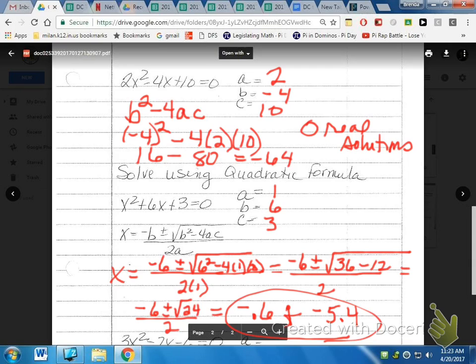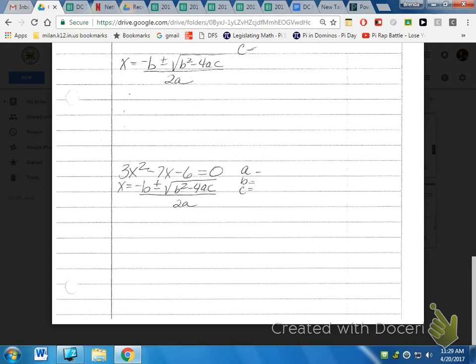Okay, I'm going to go double check to make sure it's tenth and make sure it's not hundred. All right, next example, 3x squared minus 7x minus 6 equals 0. So again, it's good because it's equal to 0. If it would not be equal to 0, you'd need to bring everything over to one side so that it was equal to 0. My A, B, and C. A is 3, B is negative 7, and C is negative 6.